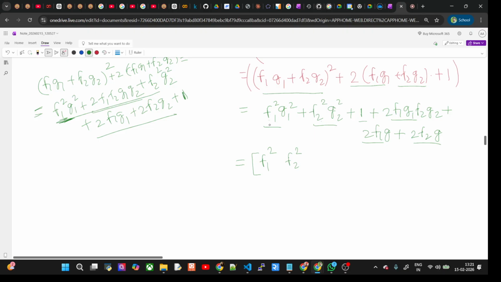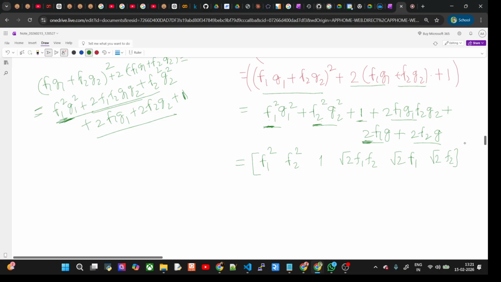I'm just separating the f terms, and one as it is here. See this f1 here, this f2 here, one as it is, and next will be 2, but I will write square root of 2 as of now. I will tell why, f1 and this f2. Later on, this square root of 2 is here: square root of 2 f1, and square root of 2 f2. This is your f term.